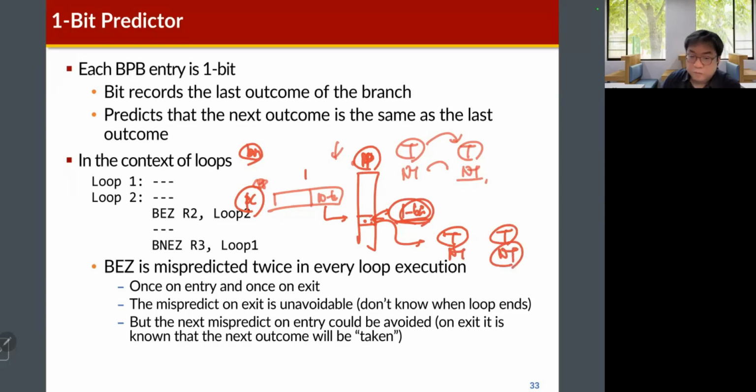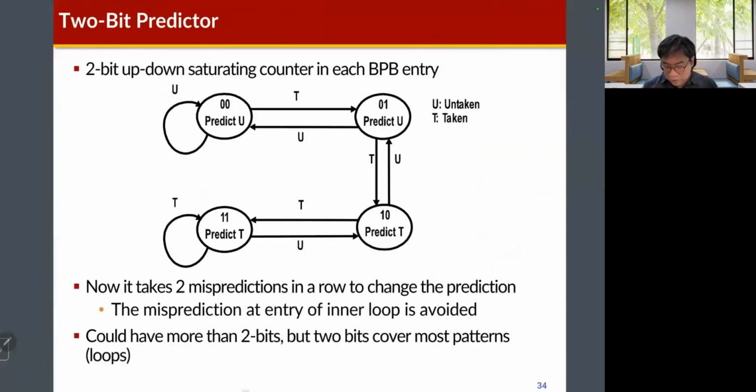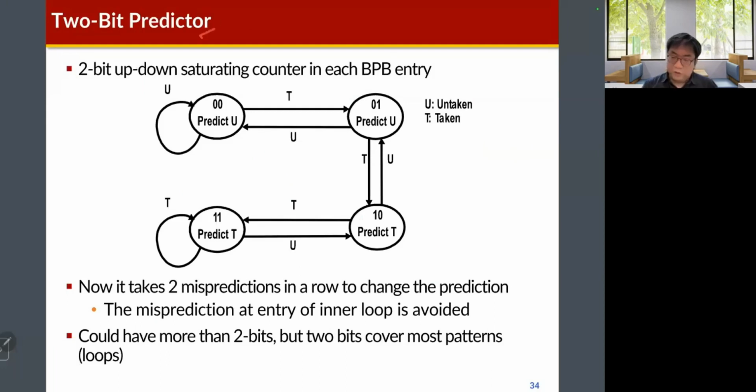But when a double loop is applied, this 1-bit predictor encounters some wrong predictions for the inner loop. So in this case, we can apply the 2-bit predictor. The 2-bit predictor means that we monitor the 2 consecutive previous results of the branch instruction. We can use it like a saturating 2-bit counter.